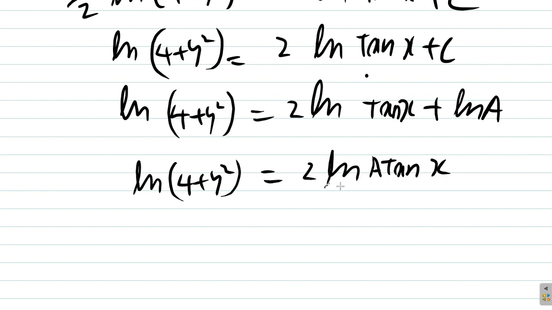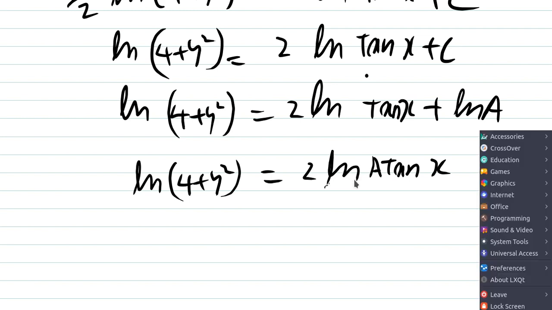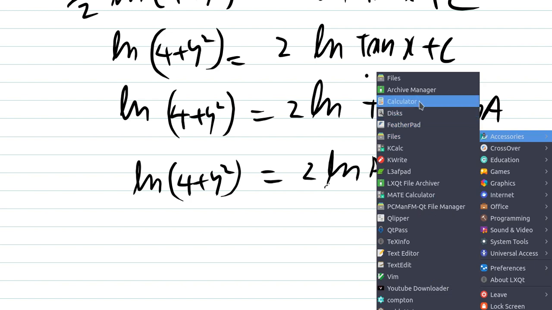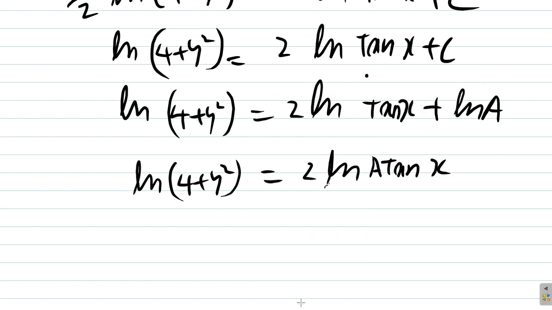Alright, so what do we do with this now? Remember, when you have 2 times the log of a number, it is the same as the log of the number squared. We can try that as well, just to remind us of how it goes.